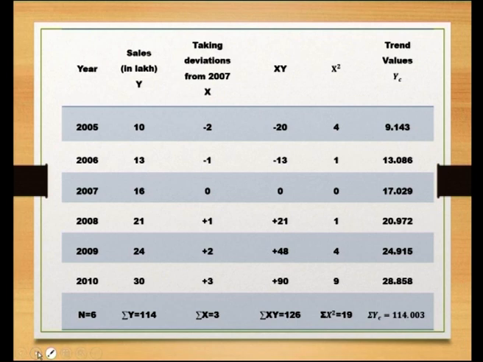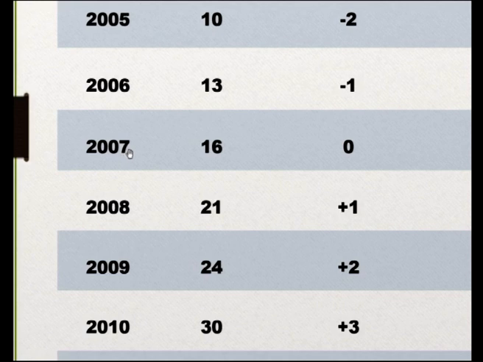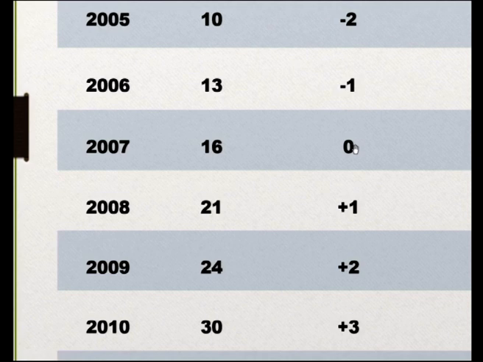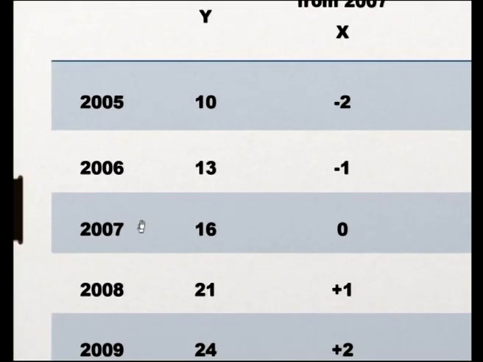The corresponding sale value is given to be equal to 10 lakhs. So, 10 lakhs is just written as 10, and there are 6 values and 2007 and 2008 are mid years. So, we can take any one of these as origin. In this problem, we are taking 2007 as mid year. So, that is computed as 0, that is 2007 is taken as the origin.